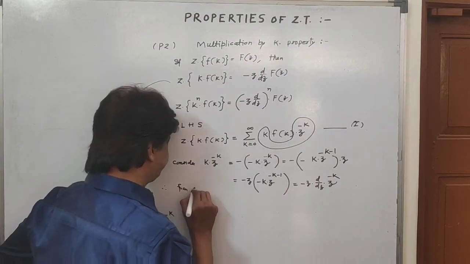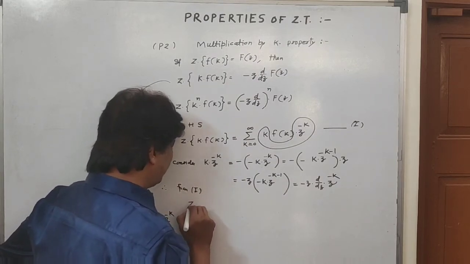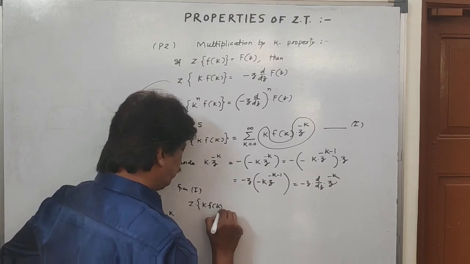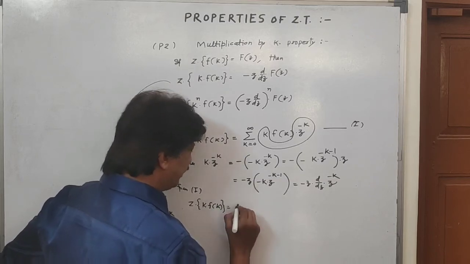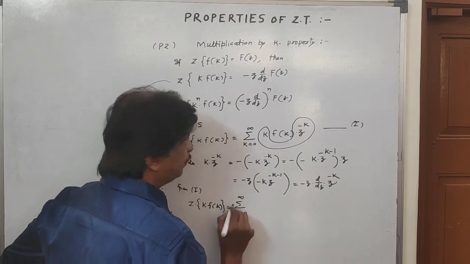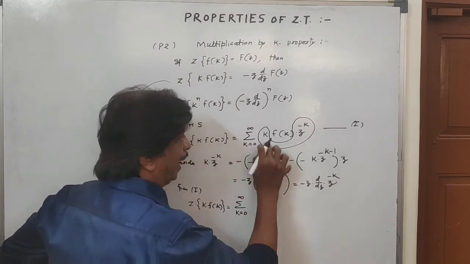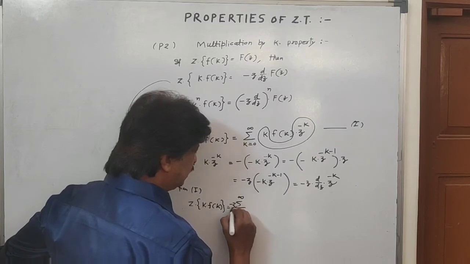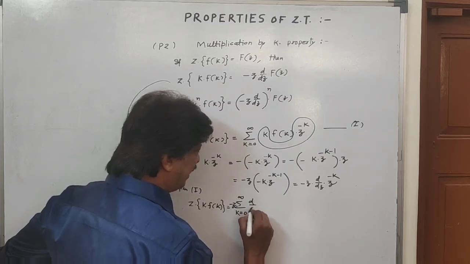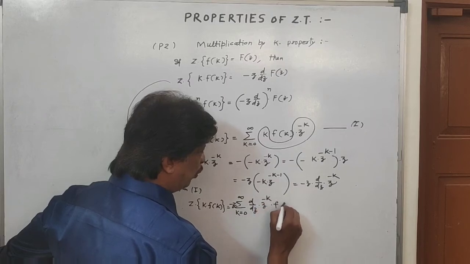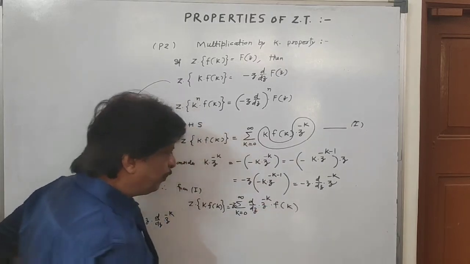Therefore, from 1, z transform of k into f of k would be equal to summation k equal to 0 to infinity, k into z raised to power minus k is minus z into d by dz of z raised to power minus k into f of k.